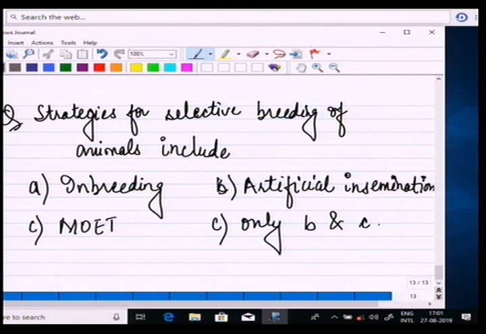Where's your answer, Shillong? I cannot see your answer. I can see the break request. Okay, fine. No issues. I will be giving you a break. I was supposedly going to give you a break after completing the fisheries section. The whole animal breeding section would have been completed. Yes, I can see your answer.